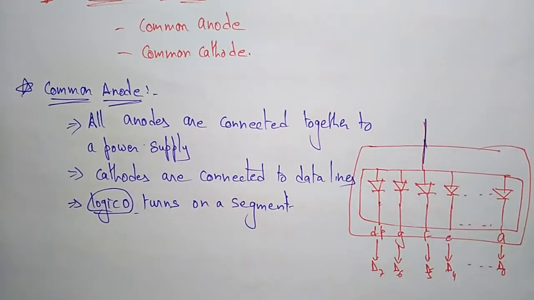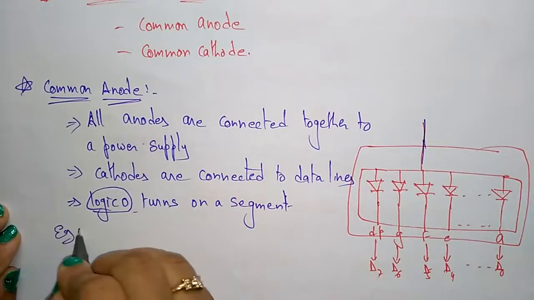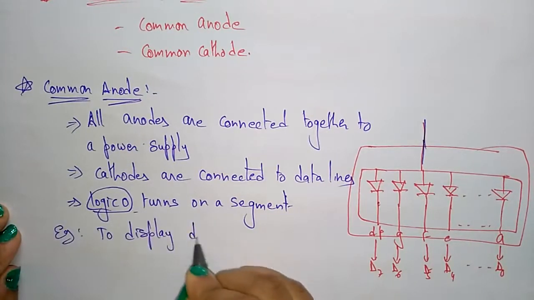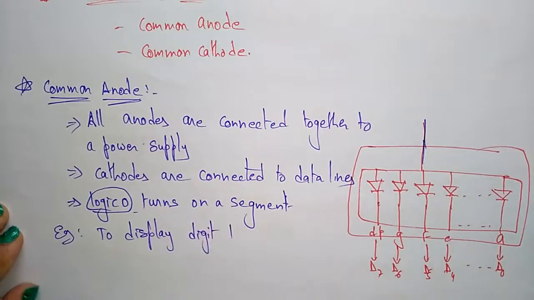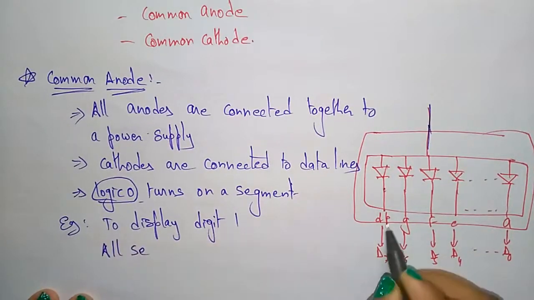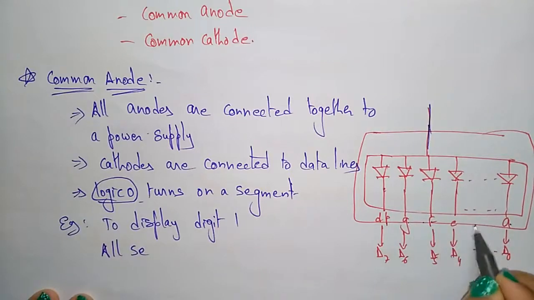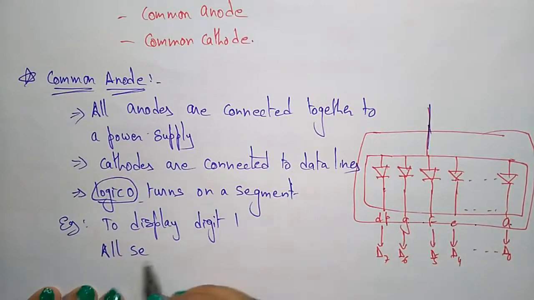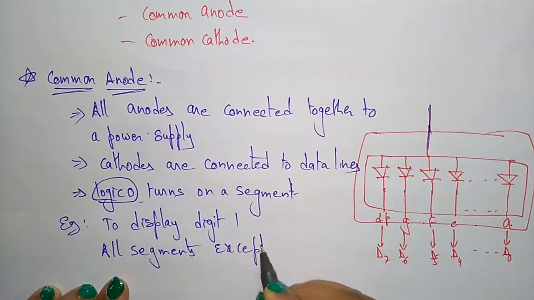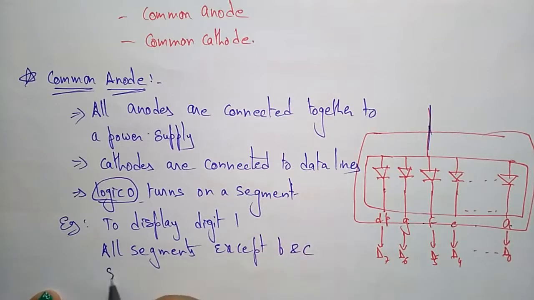So here, to display digit 1, suppose I want to display digit 1, then all segments, these are the segments A, B, C, D, E, F, G, H, these are all segments. All segments except B and C should be off.